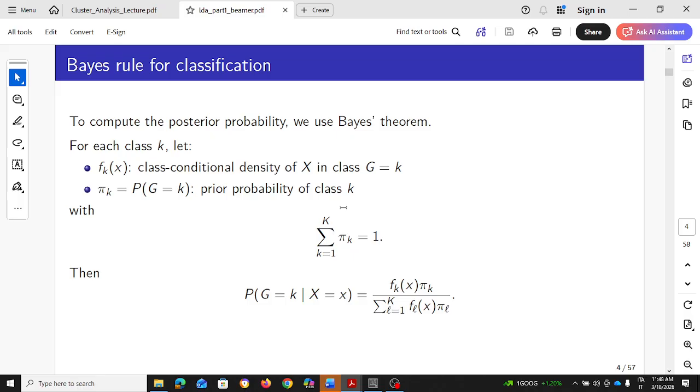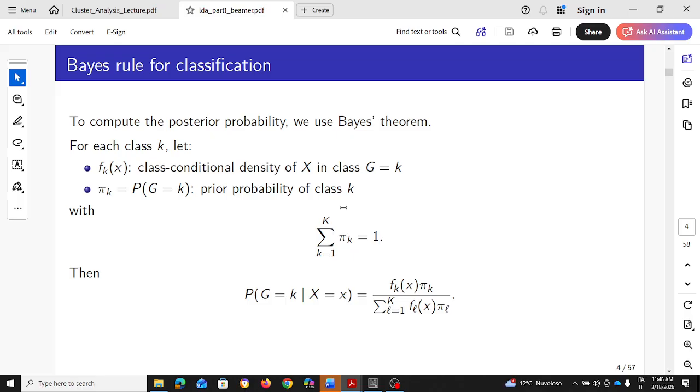Let's say this is the whole data set, but we don't know which classes they belong to. Now I draw it like this, but maybe they're random. So this is, let's say, group number 1, group number 2, group number 3.